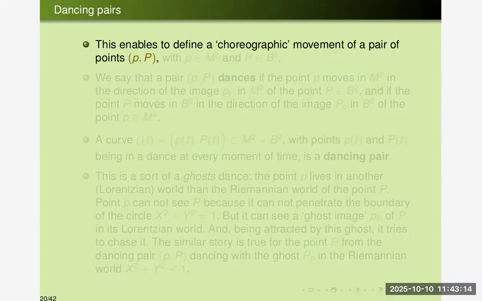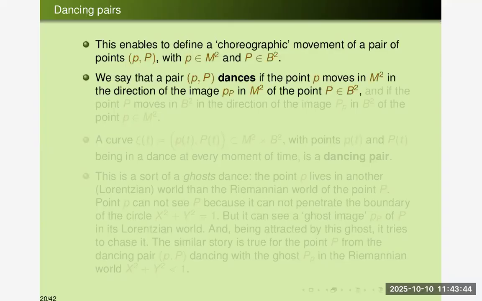I say that these two curves are moving in some coordinated movement, I call it a dance, provided that this guy at every moment goes toward the ghost of the other guy, and the other guy at every moment goes towards the ghost of this one. You understand what I said?